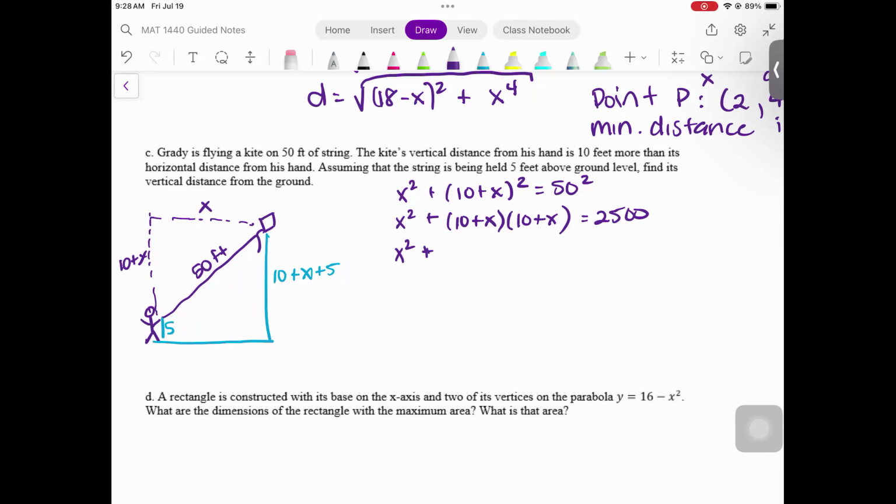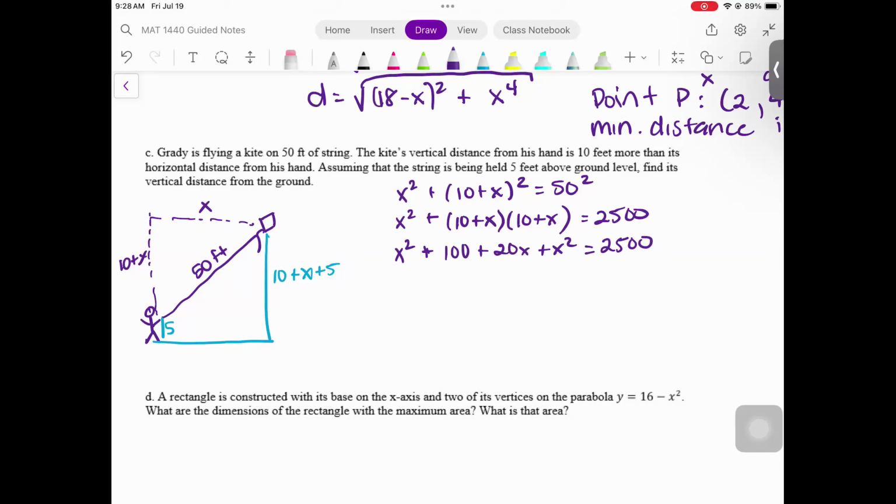FOILing out (10 plus x) times (10 plus x), this is 100 plus 20x plus x squared equals 2,500.